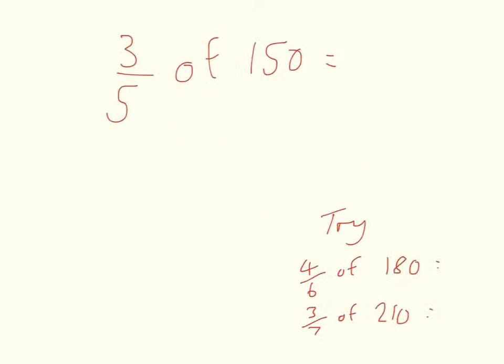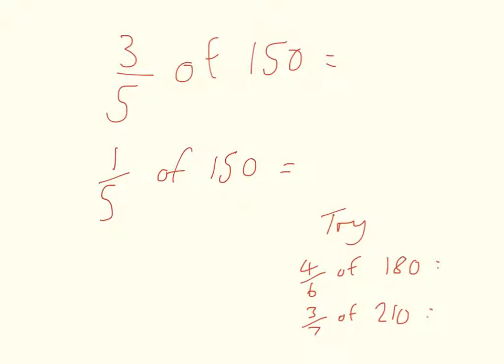And you can do these calculations as well. So if you look here, we've got 3/5 of 150. So I'm going to find out what 1/5 of 150 is. And I'm asking, how many 5s go into 150? Now an easy way of doing this is thinking, right, well, how many 5s go into 15?